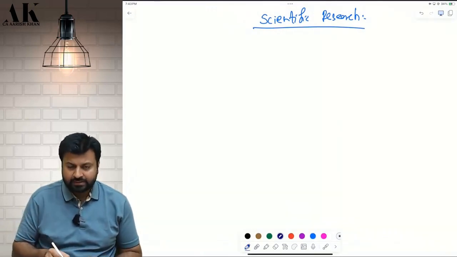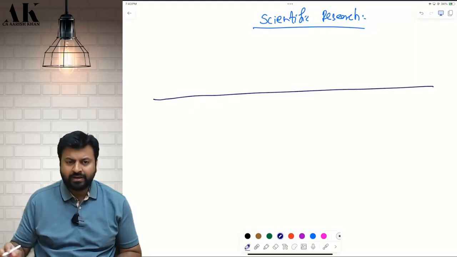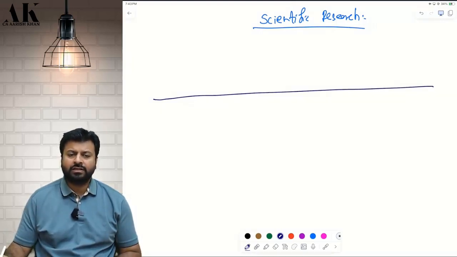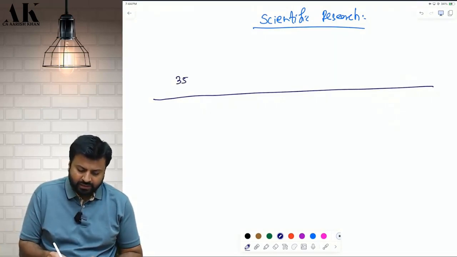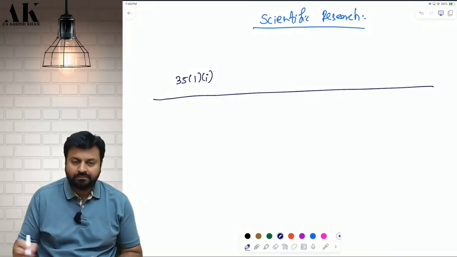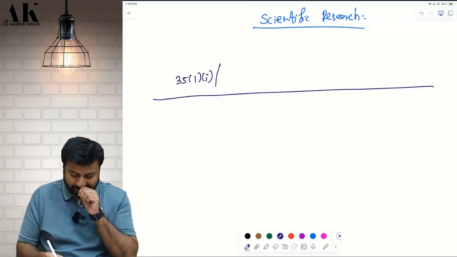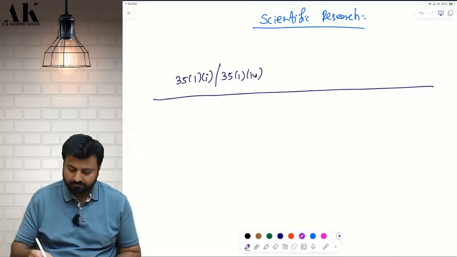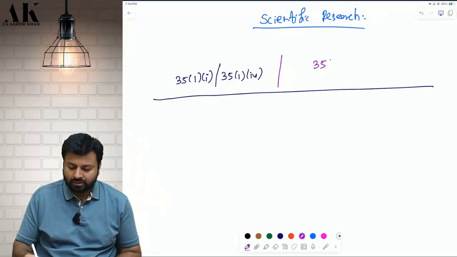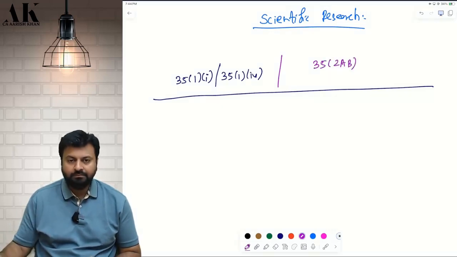All the scientific research deductions are divided into 7 sections. How many sections are there for scientific research? 7. First section is 35 subsection 1 clause 1. Second section is section 35 subsection 1 clause 4. Third section is section 35 2AB.